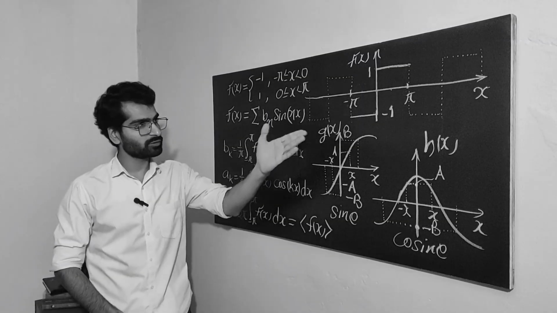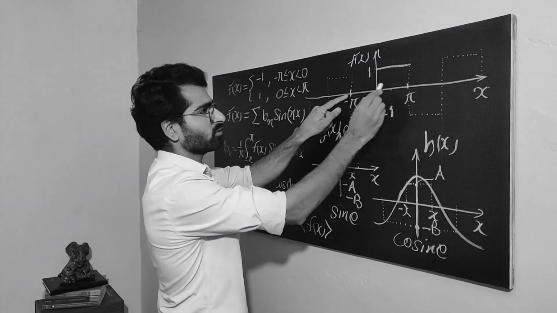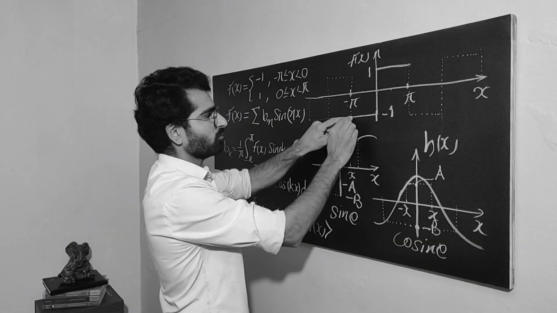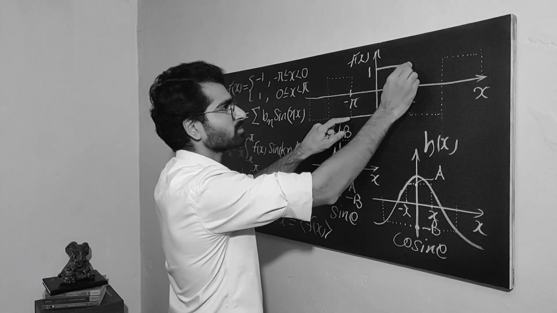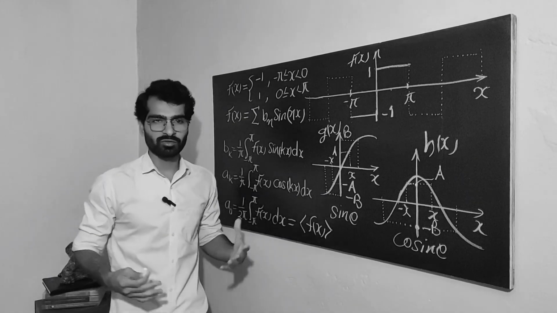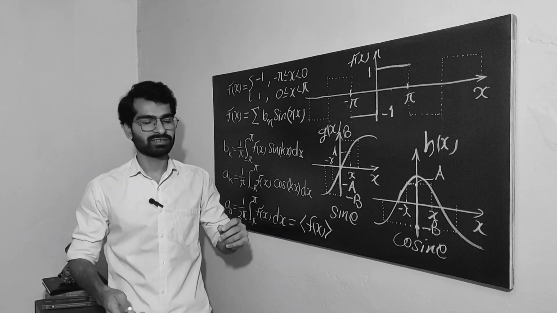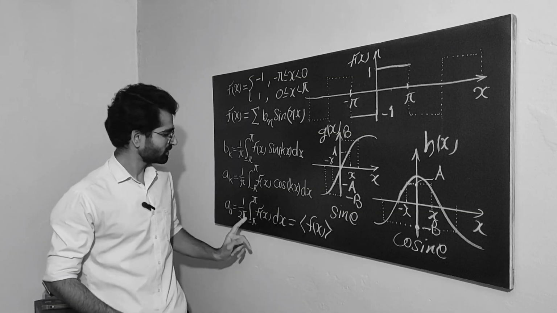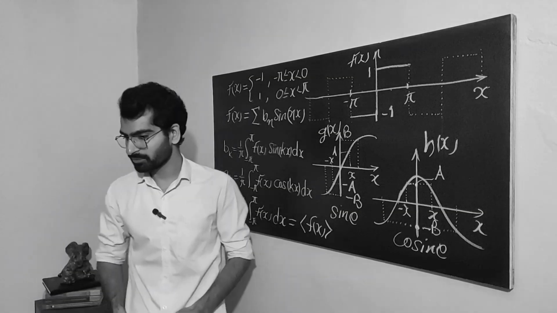For this square function, it's really easy. When we go from here to there, half the time the function is minus 1 and half the time it's plus 1. So what's the average of this function over that period? 0. So A0 will be 0, and all the AKs will be 0.